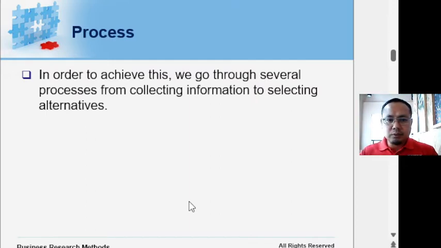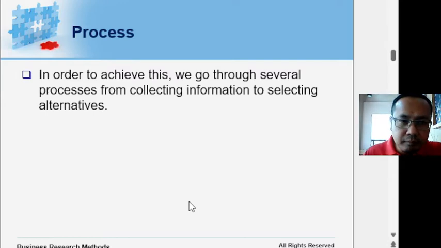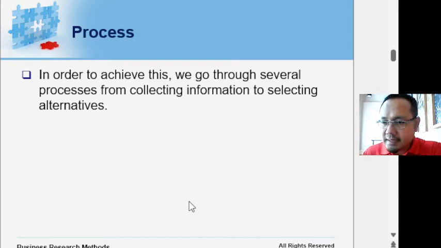So in order for us to achieve the best solution for the problem that we want to solve, because it is about business research. When we talk about business research, we want to do problem solving, and to achieve this, we have to go through several processes, from collecting information to selecting alternatives.